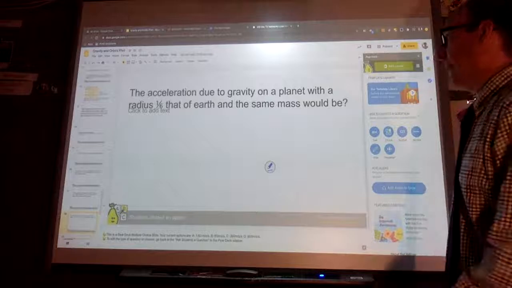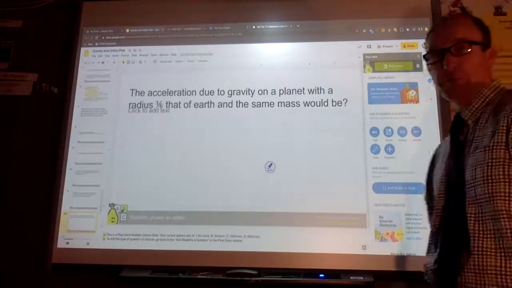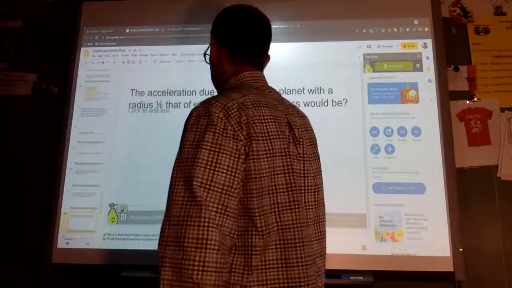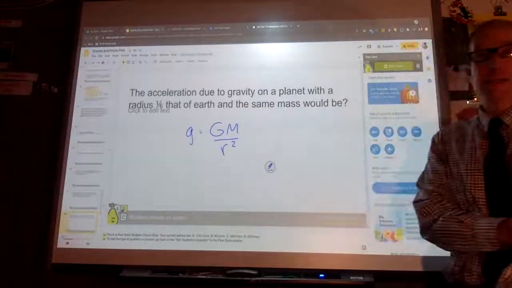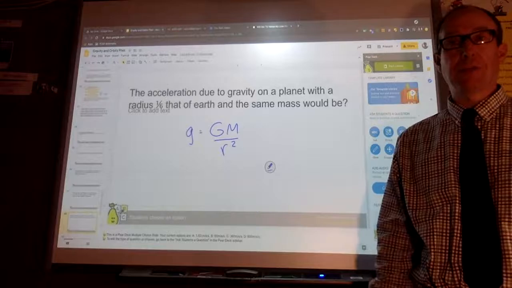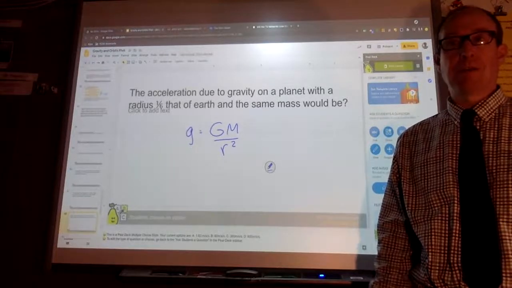The acceleration due to gravity on a planet with a radius 1/6 that of Earth and the same mass would be... So this formula has to do with the gravitational constant, the mass of the body that is causing the gravitational field, and then the distance you are from the center of that body.